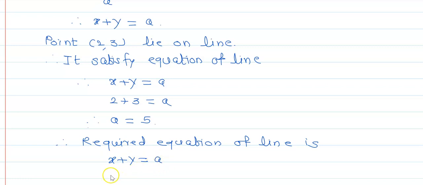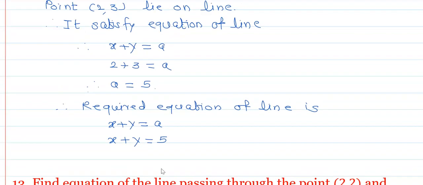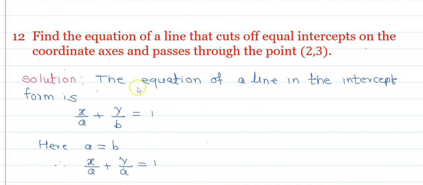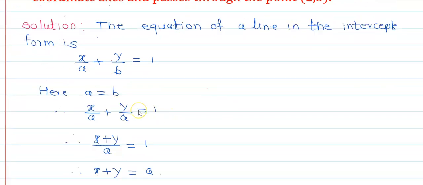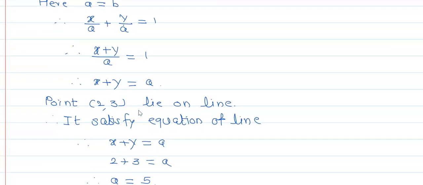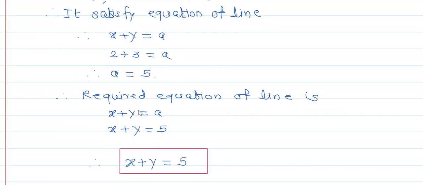Put the value of a, which is x plus y is equal to 5. Okay, this is the answer. Therefore see this again: the equation of a line in the intercept form, a is equal to b, x plus y is equal to a. Point (2, 3) lies on the line. It satisfies, a is equal to 5, and hence the answer.